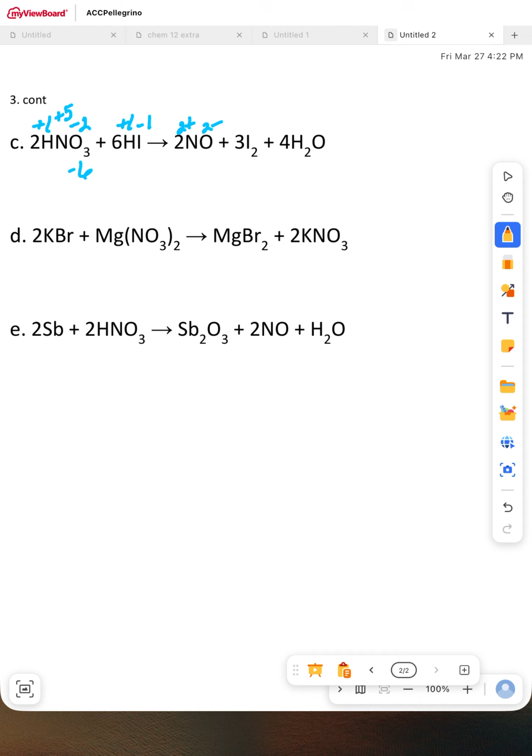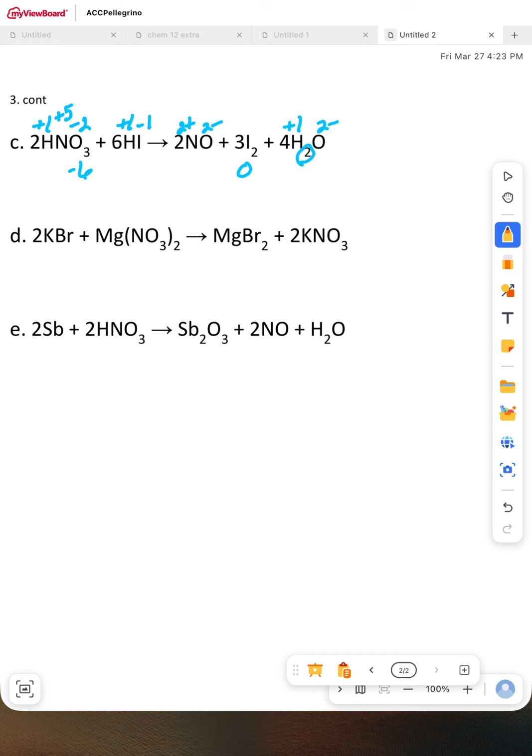This is iodine in its elemental form, so that's going to be a 0. And then 2- for our oxygen works out with the +1 for our hydrogens because there's 2 hydrogens, so that would be a total of +2 and 2-. That balances out. So our hydrogens didn't change. They're +1 on both sides. Our oxygens didn't change. They're -2 on both sides.